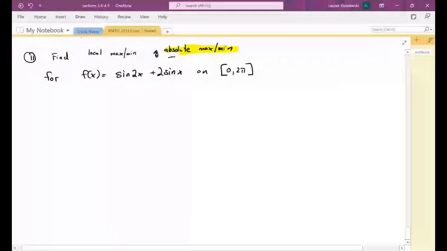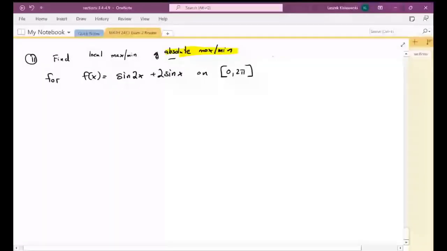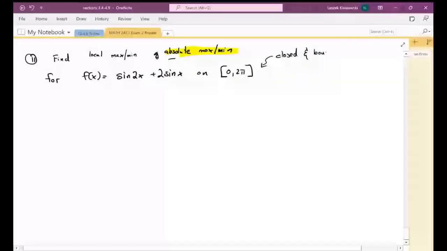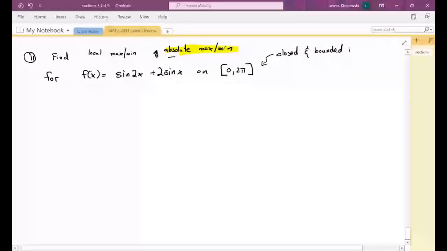So it's continuous on a closed and bounded interval. Closed meaning it contains its endpoints. Bounded is not infinite in length. So the extreme value theorem tells us that we are going to get an absolute maximum and minimum.